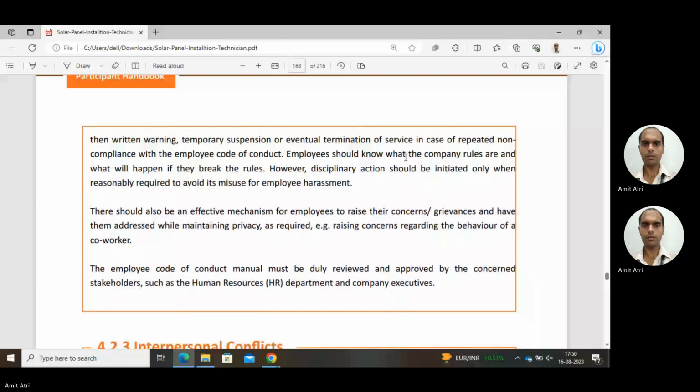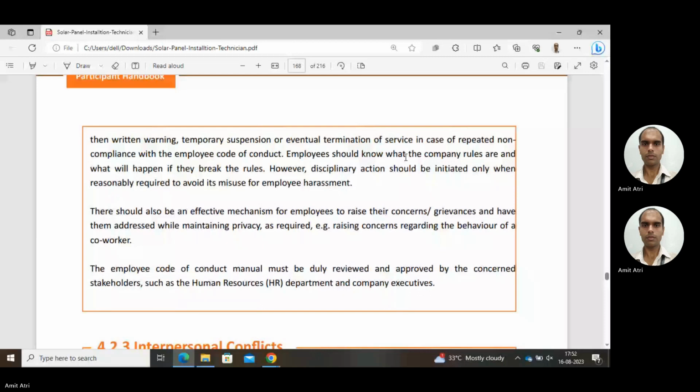There should also be an effective mechanism for employees to raise their concerns and grievances, and have them addressed while maintaining privacy, such as raising concerns regarding the behavior of a co-worker. We should take care of that. They should be addressed and privacy should be maintained.